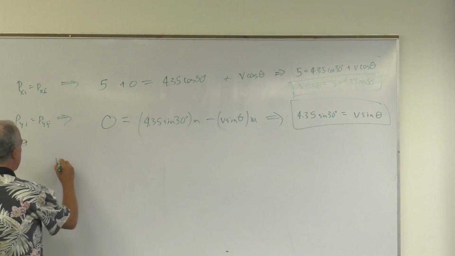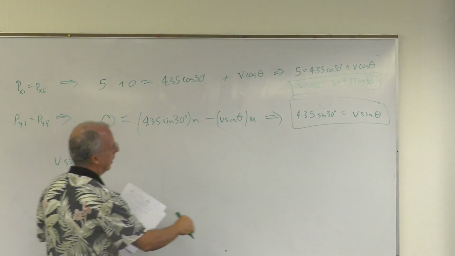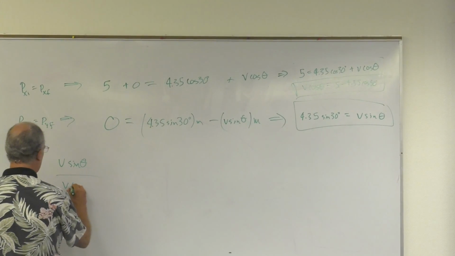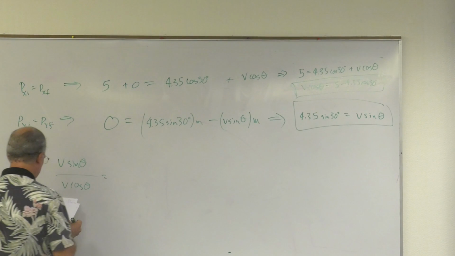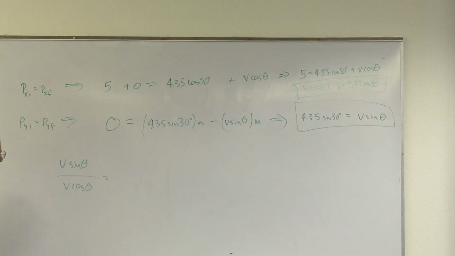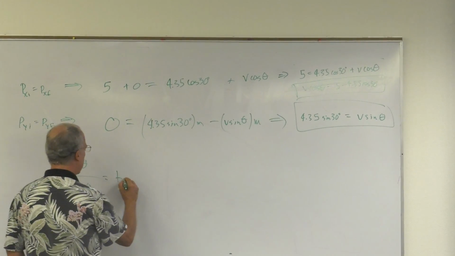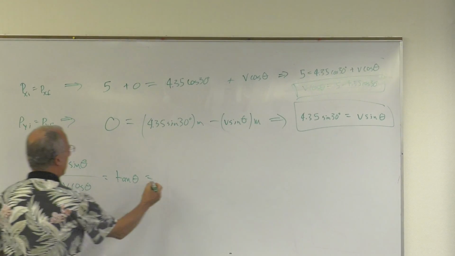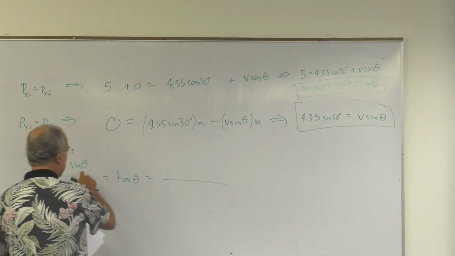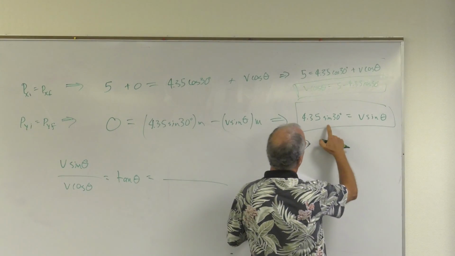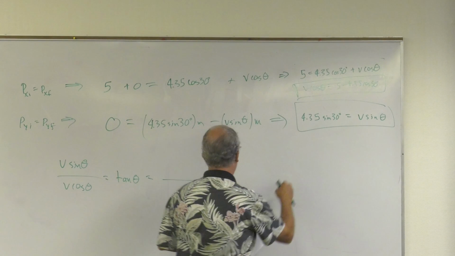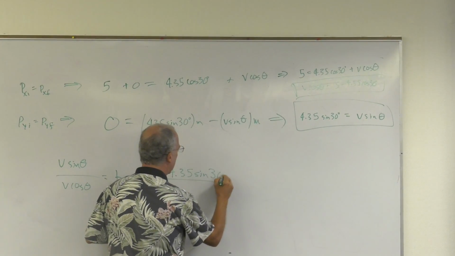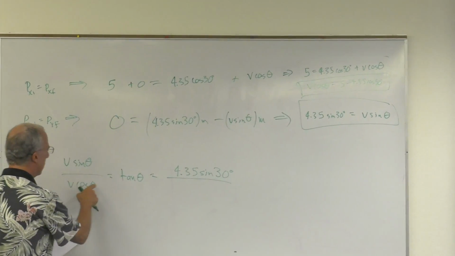Okay. So v sine theta is what I have here, divided by v cos theta. Well, what is that? The v's cancel, and you just get sine over cosine, which is tangent theta. Well, what's v sine? V sine is 4.35 sine 30. And what's v cos?